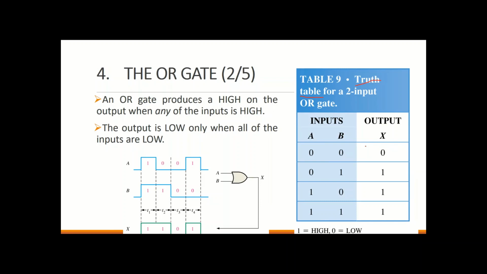Be careful about it, because we are going to use it a lot in this course. Now for the OR gate, there is only one case where the output is low, when all inputs are low. Otherwise it's always high. Okay, so that's what you need to pay attention to.